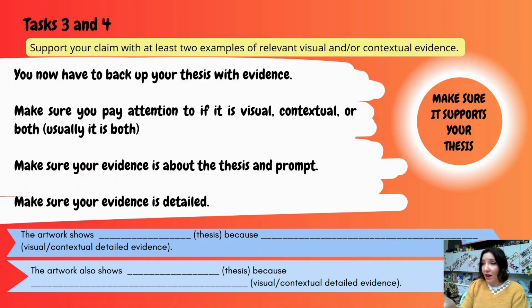For evidence, this is task 3 and 4. It says, support your claim with at least 2 examples of relevant visual and/or contextual evidence. Number 1, I have the option of both, visual or contextual. Number 2, this has to be related to my thesis.